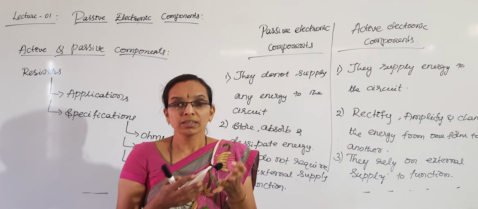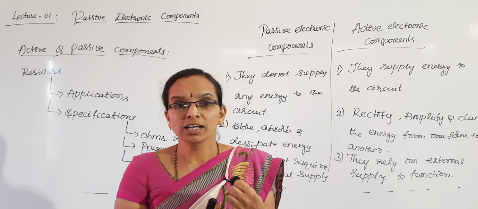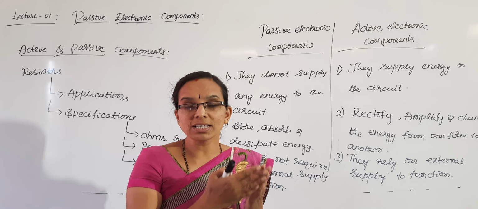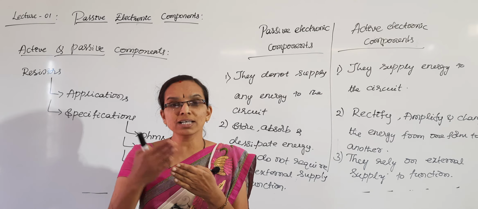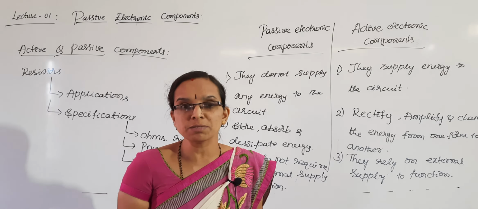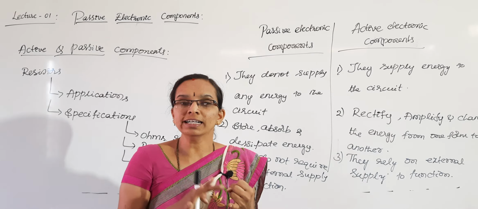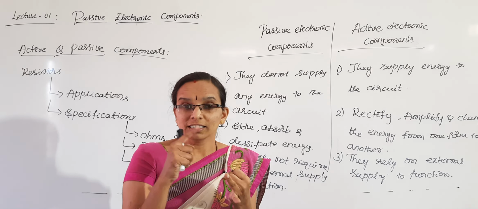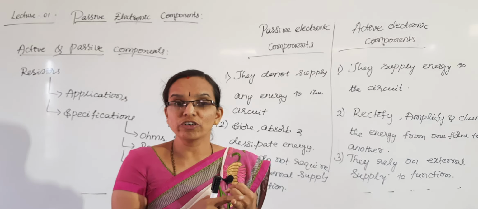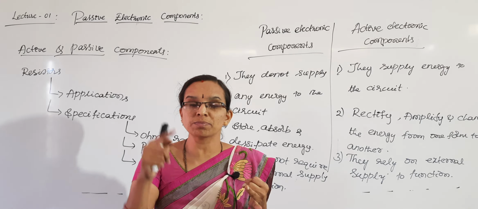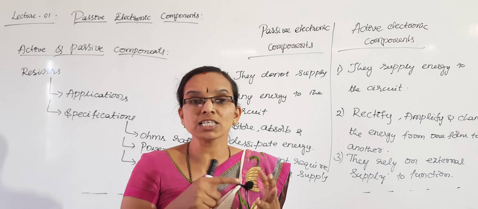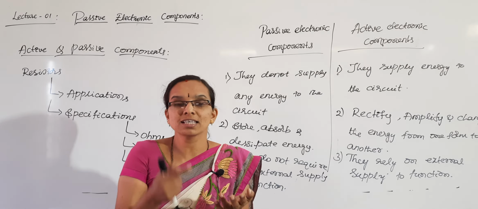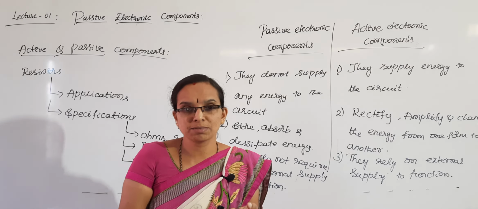If the cathode of the diode is connected to the positive supply and the anode to the negative supply, it is reverse biased and the diode will not conduct. If the anode is connected to the positive of the supply and the cathode to the negative, then it is forward biased. So only after biasing does it start functioning as forward or reverse biased.